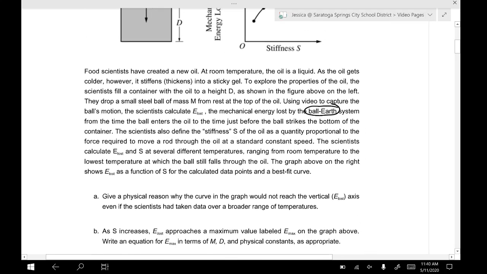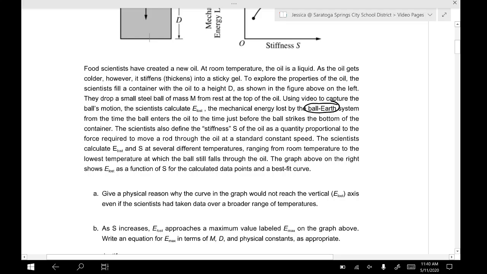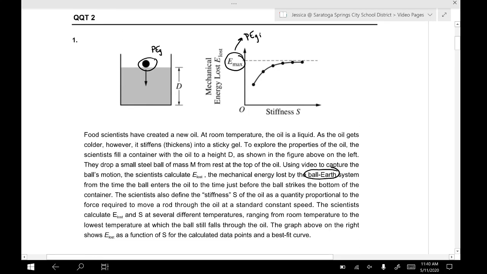Okay, so give a physical reason why the curve in the graph would not reach the vertical axis even if scientists had taken data over a broader range of temperatures. So they're saying, why doesn't this graph continue to essentially this axis here?